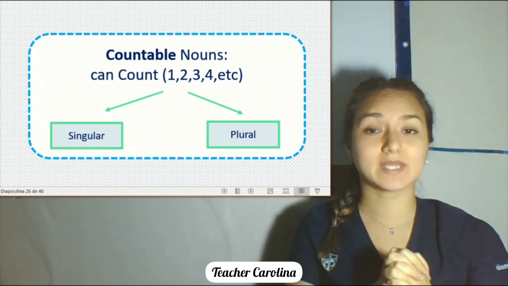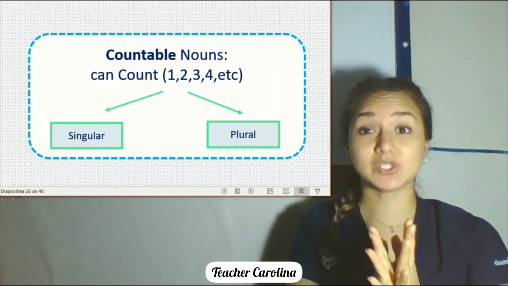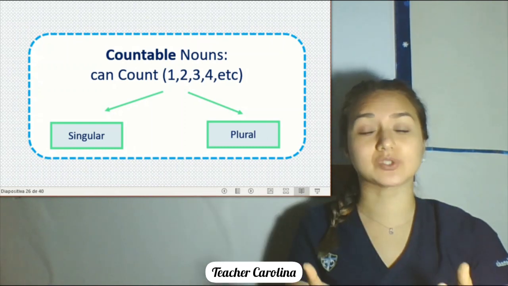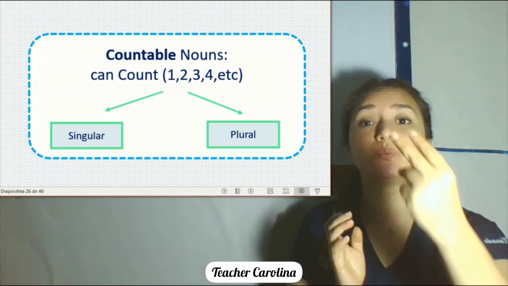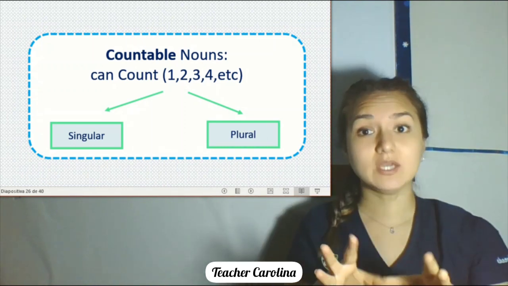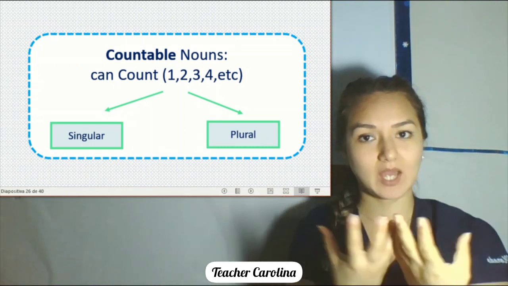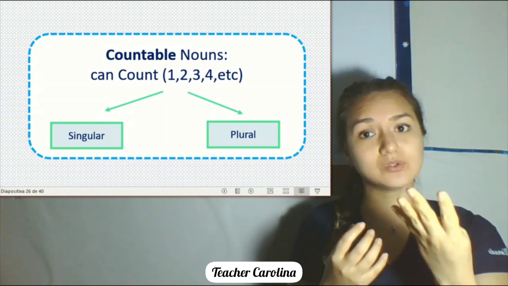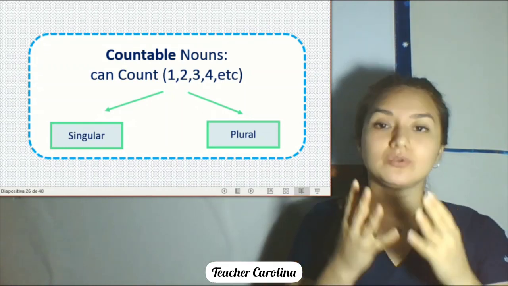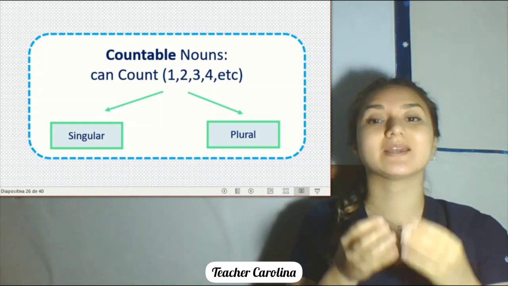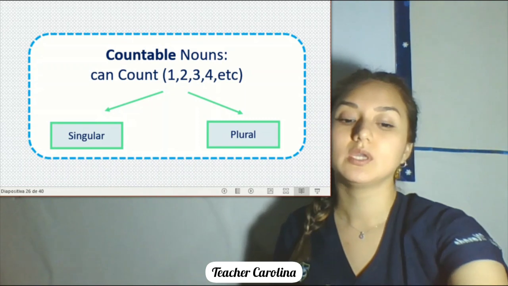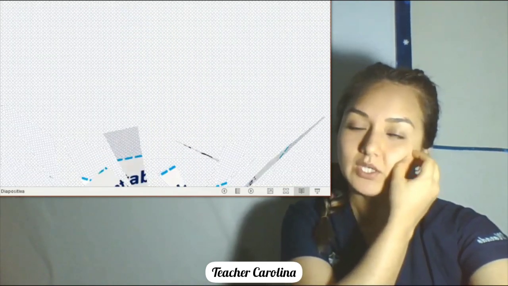Or you can say also potatoes. Potatoes also are countable. You can say 1 potato, 2 potatoes, 3 potatoes, 4 potatoes. Okay? So all the nouns that you can count, that have singular and plural, you are going to call countables, right? The countables.